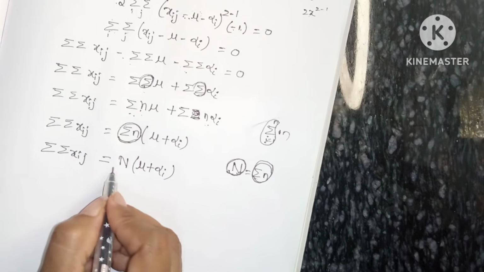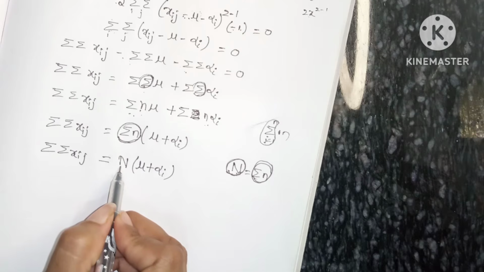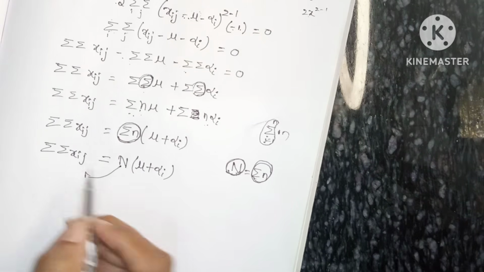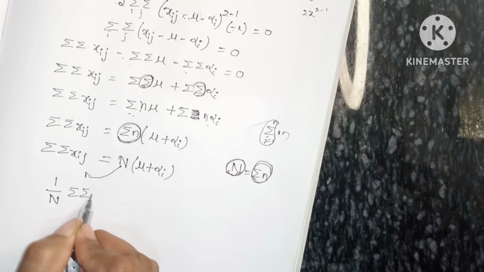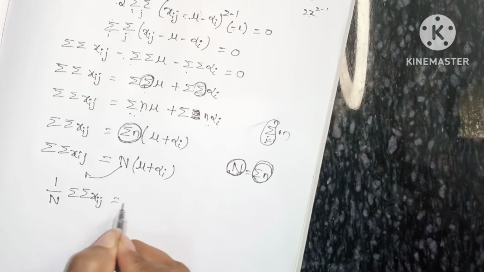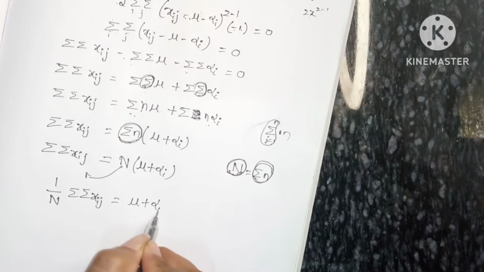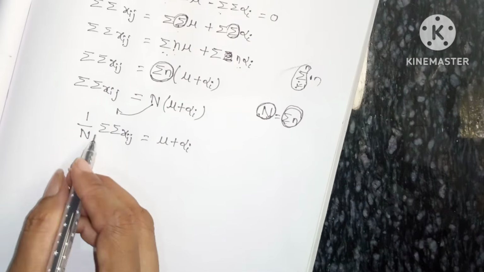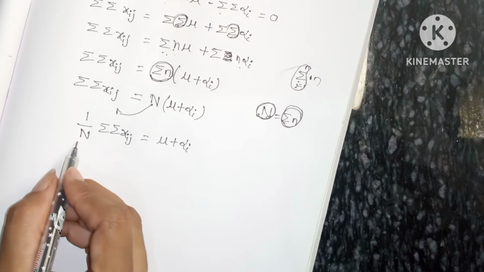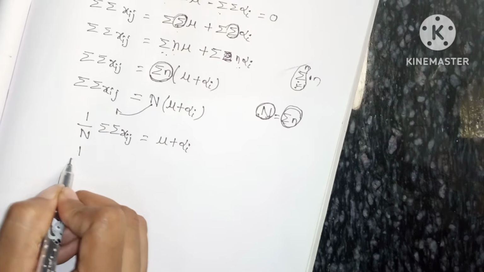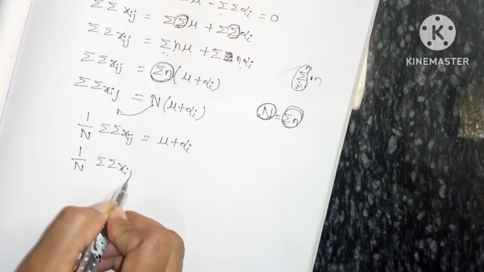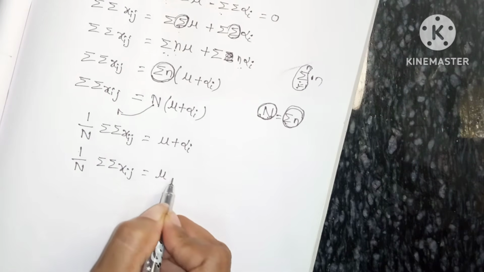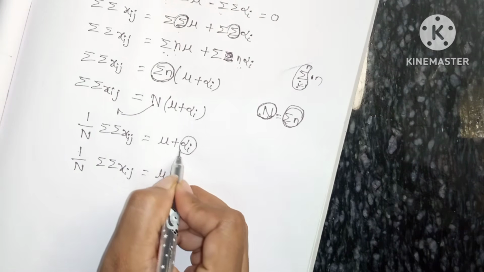So we bring this capital N to this side. What we get is 1 by capital N double summation xij equals mu plus alpha I. Now, 1 by N double summation xij equals mu plus, what is the value of alpha I?